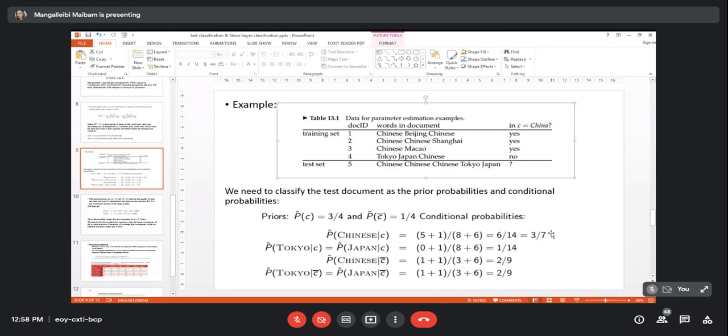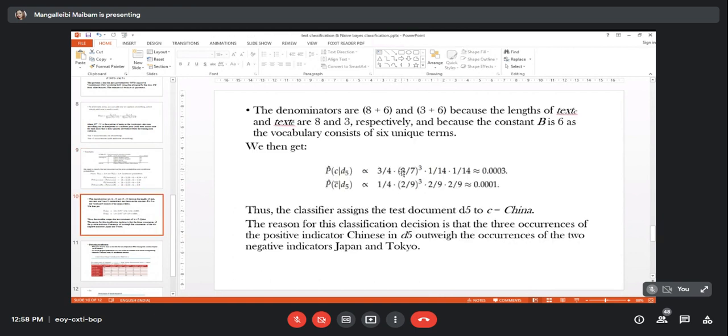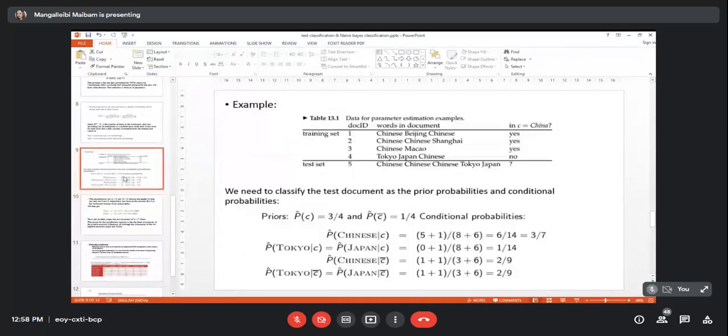Another Chinese, into 3 by 7, another Chinese into 3 by 7. That's why I'm writing 3 by 7 to the power cube, because in the test document we have 3 Chinese.